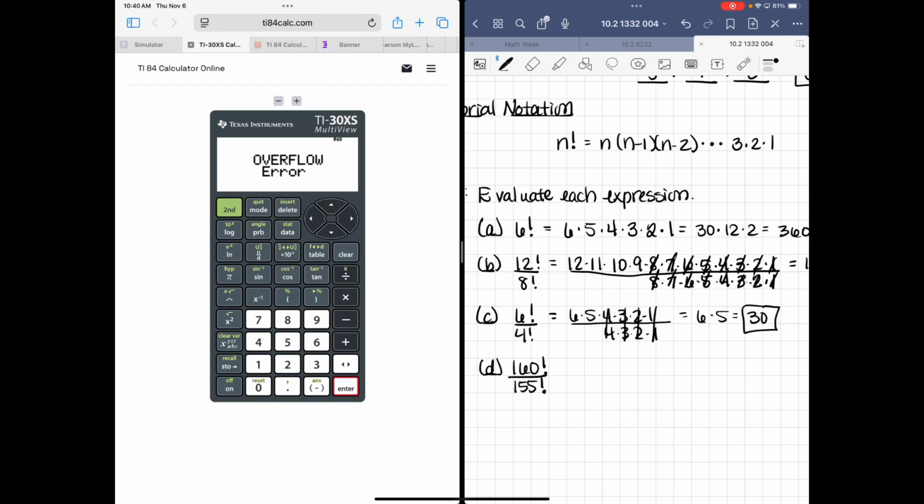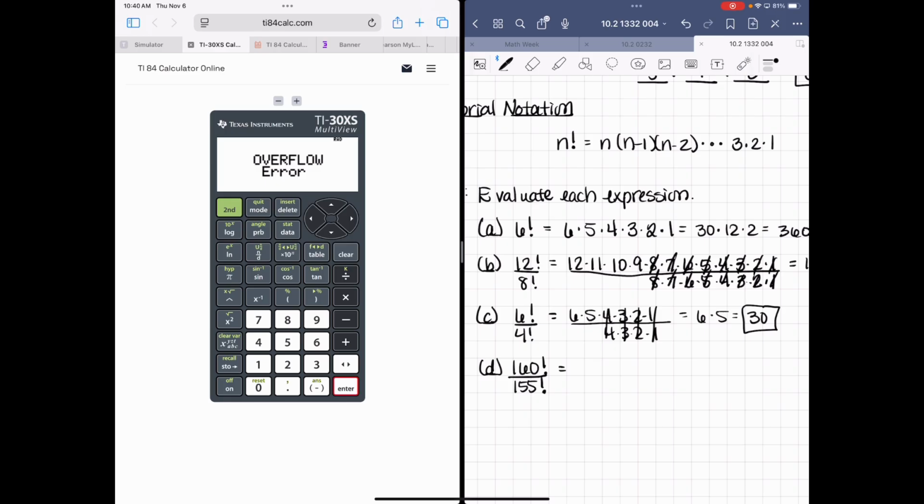Okay, what that means is the calculation's too high for the calculator to handle. And the part that's too high for it is the 160 factorial. It is literally trying to multiply 160 times 159 times 158 all the way down to 1 and do the same thing on 155.